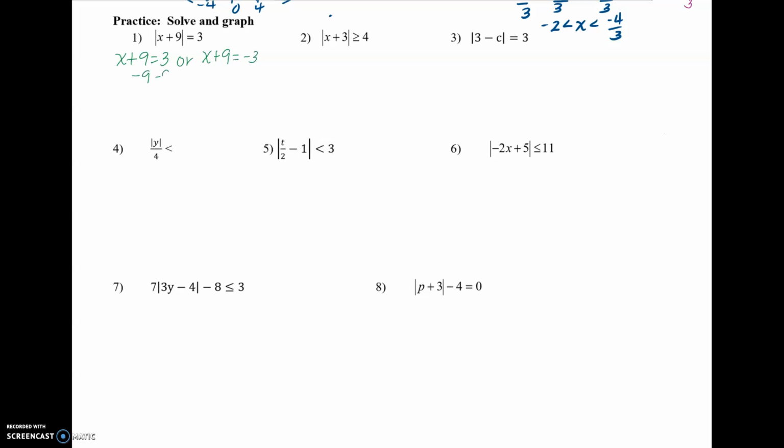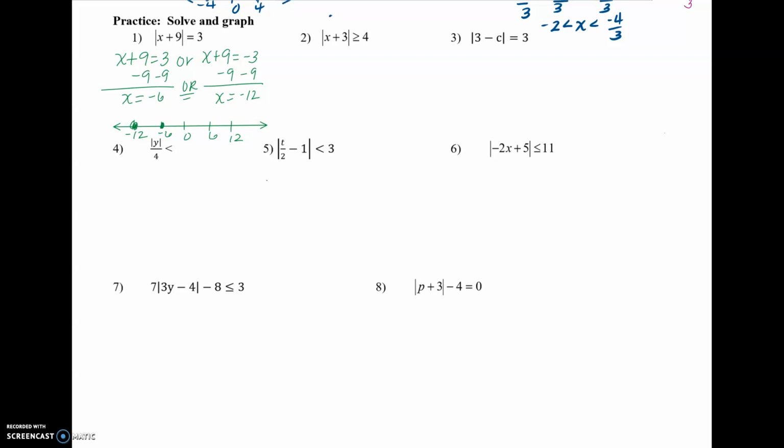I'm going to subtract 9 from the left side and get x equals negative 6, or I'm going to subtract 9 from the right side and get x equals negative 12. All right, so when I go to graph that on the number line, I'm going to go by 6s, so negative 12, negative 6, 0, 6, 12. These are equal. One solution on negative 6, one solution on negative 12.